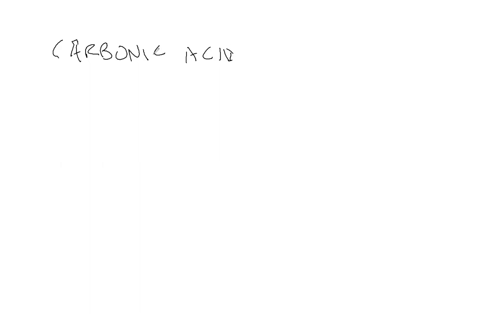So carbonic, that ic means our ion ends in ate. So this comes from the carbonate ion that we know is CO3 with a 2 minus charge. Since we have 2 minus, that means we need 2 hydrogens, H2, and then our formula for the carbonate ion, CO3. So there's our formula for carbonic acid.